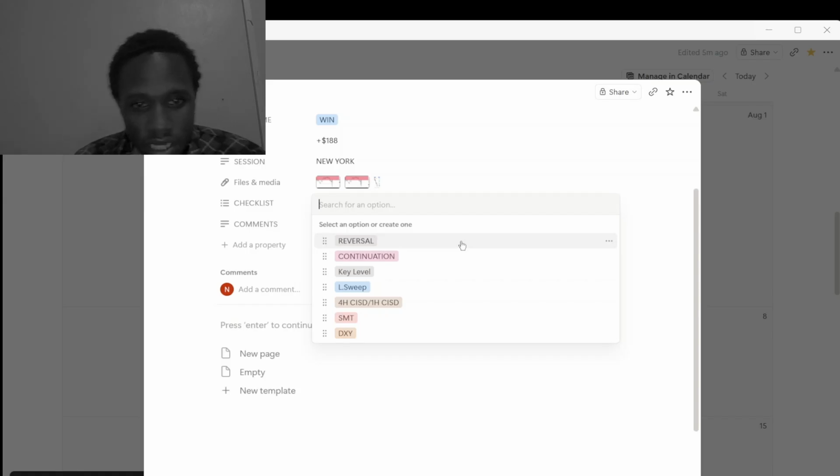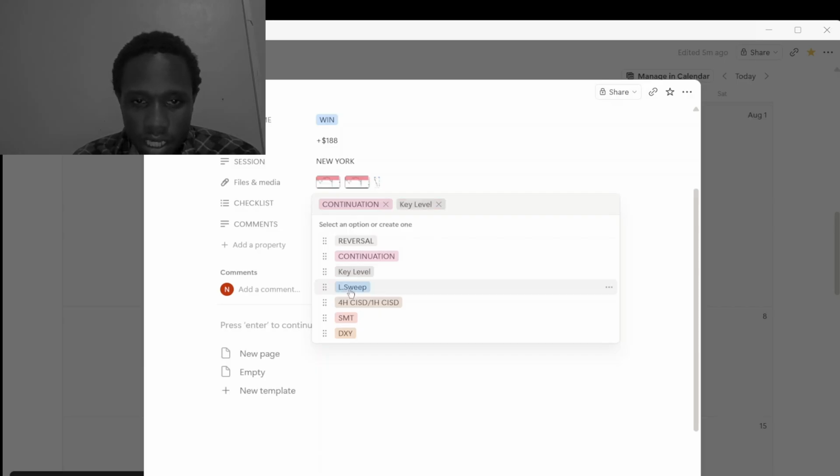Has a key level been hit, for example an order block, a fair value gap, etc.? Let's do that together. Today's trade was a continuation because we are bearish and price was just dropping, so we were catching a continuation. Correct. The key level was the fair value gap, so a key level had been confirmed. And then a liquidity sweep had occurred.